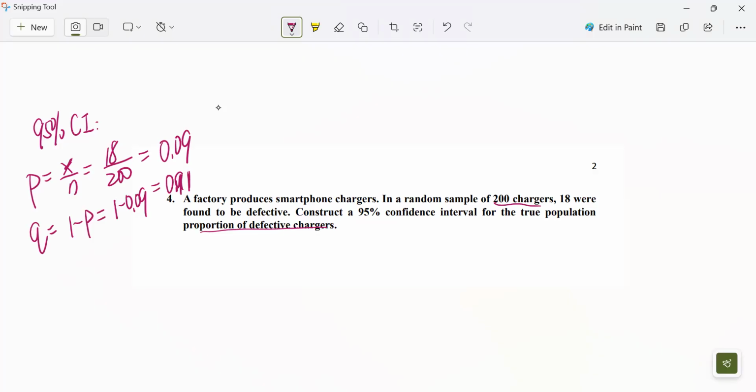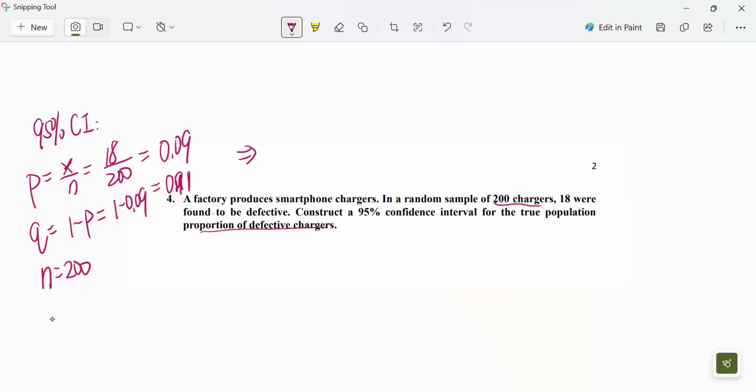And then the sample size is 200. From there, we will find the margin of error.